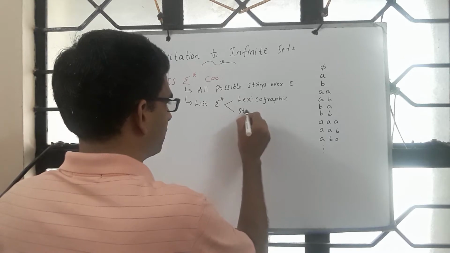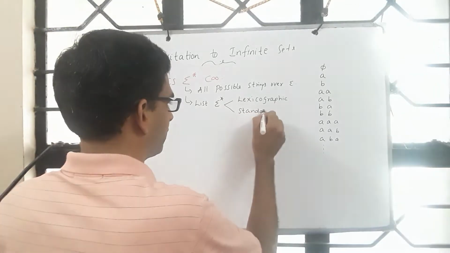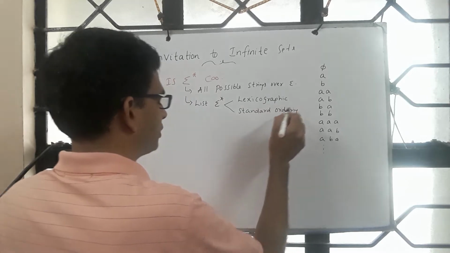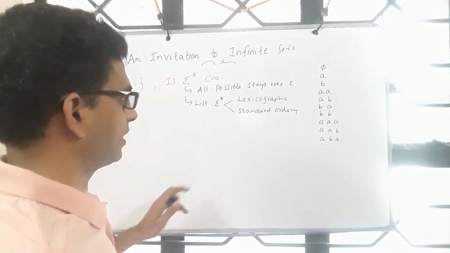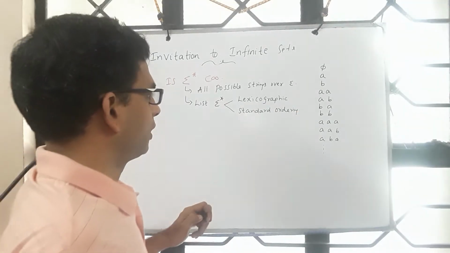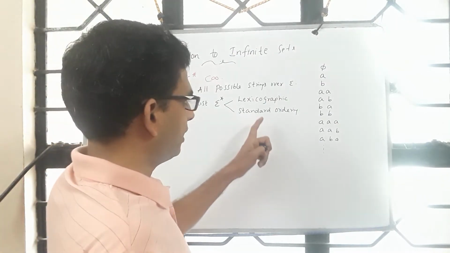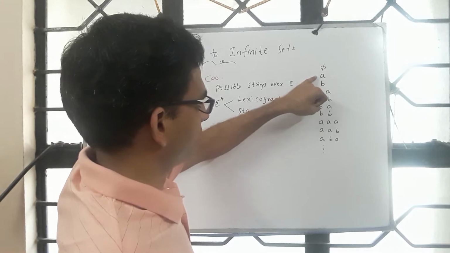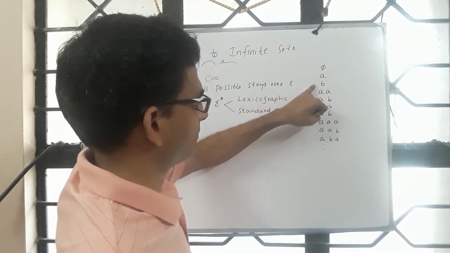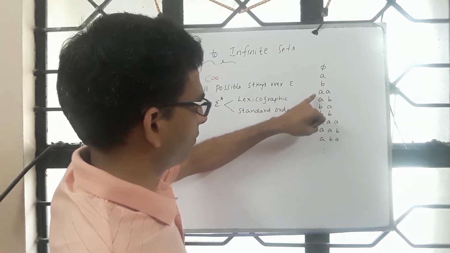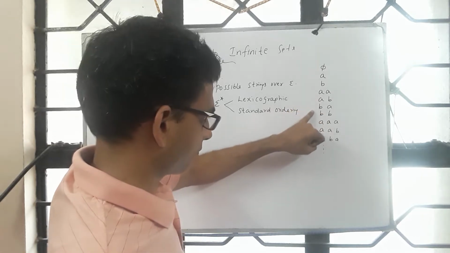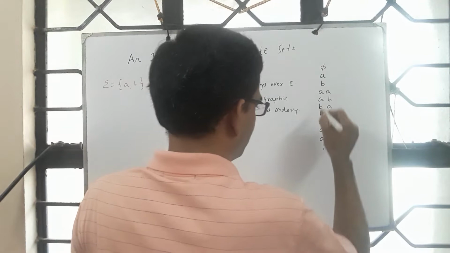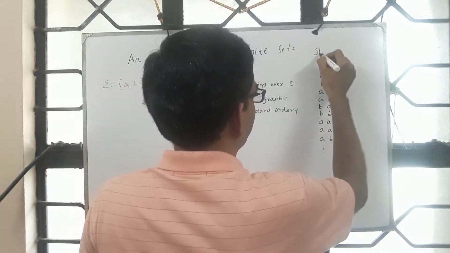The other one is called standard ordering. So standard ordering is like this. You list strings of length 1 first, then strings of length 2, and so on.